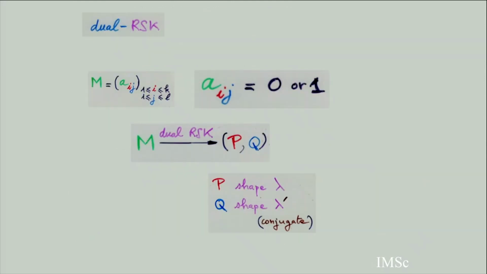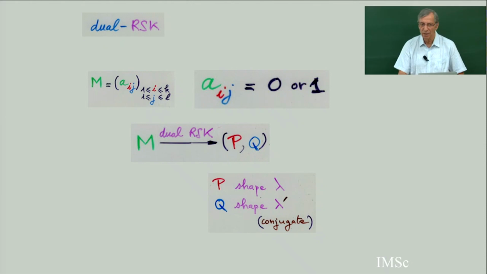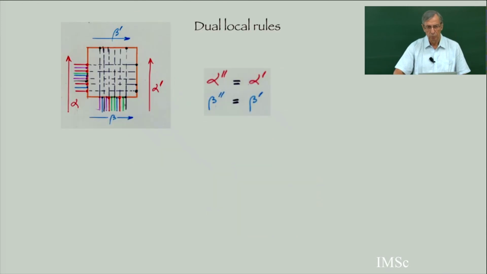And so I deduce that for the dual RSK, I have a bijection between matrices with 0 and 1 and pairs PQ, with P of shape lambda and Q of shape lambda prime. And this is a dual local rule.